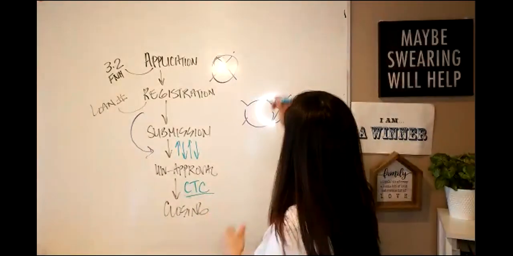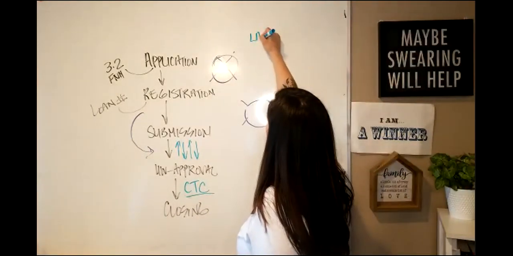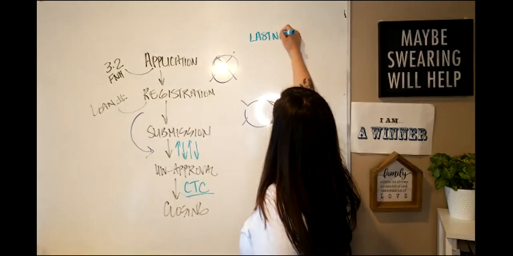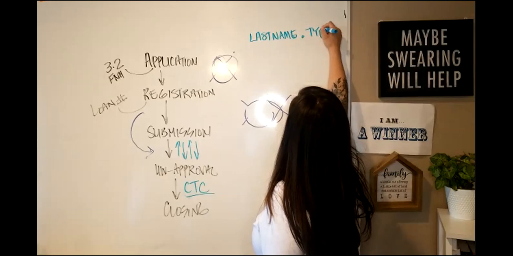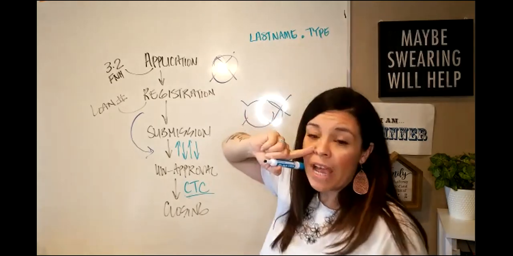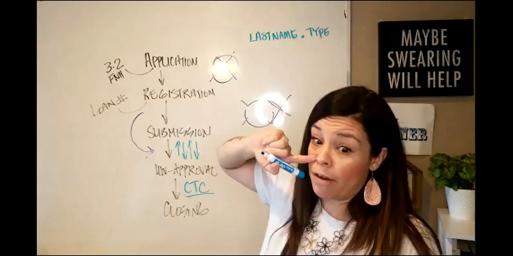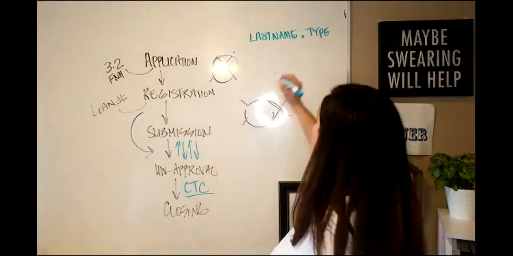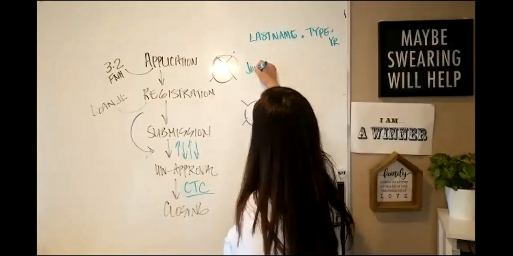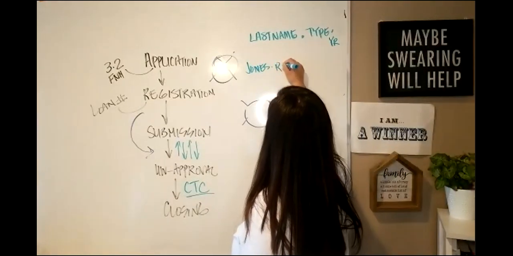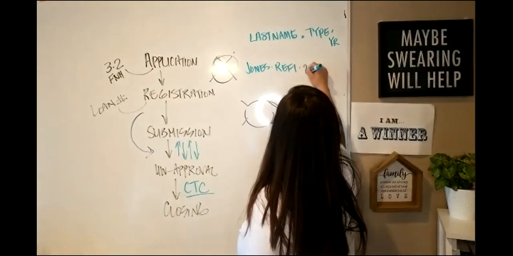In my company, we always do the last name followed by the type of loan. Now we have a lot of repeat clients, like a lot of repeat clients, so sometimes we put the year, okay? So this might say Jones refi 2020.